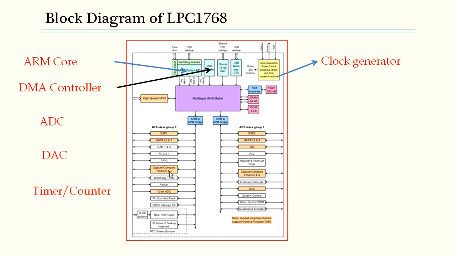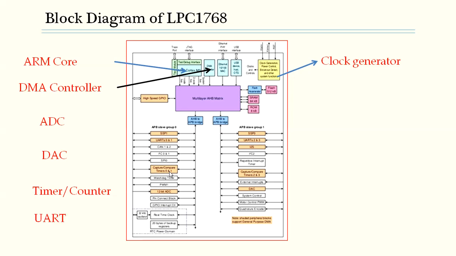Based on the capture, compare, timer registers, all these operations are performed. Each timer counter also includes a capture input to trap the timer value when an input signal transitions, and optionally generate an interrupt.